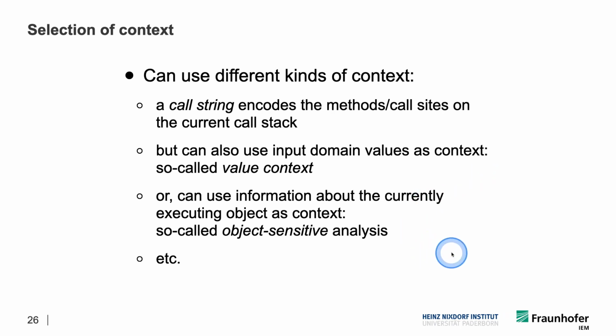And you can even use information about the currently executing object as a context. That is then so-called object-sensitive analysis. That's a special form of context-sensitive analysis, where you distinguish different analysis passes that occur with respect to different owner objects. So for instance, if you're analyzing the same procedure foo, but one time it's called on object O, and in the other case it's called on object P, and those two are distinct objects, then you would distinguish these different analysis passes.